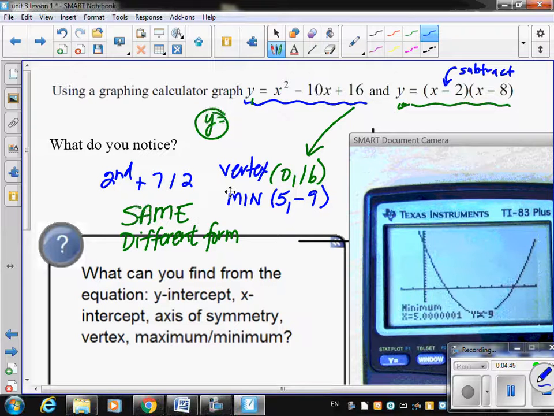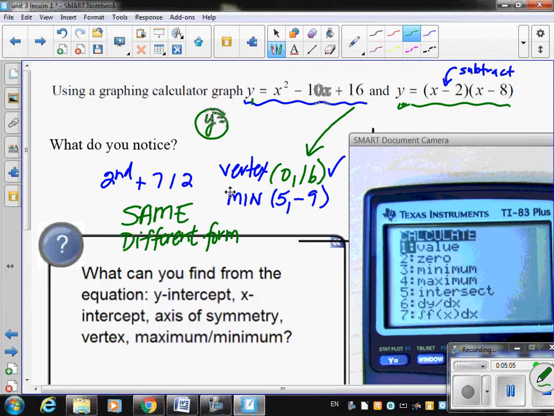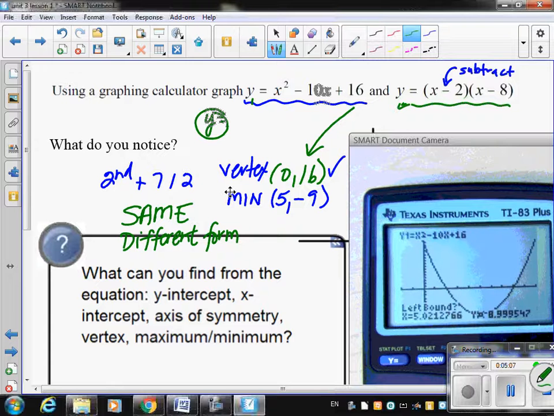So I see one number that was really helpful is that vertex, but that 5 and -9, I'm not seeing it right away from either one of those two forms. Let's look and see if we can find the x-intercepts, because that's another thing they asked us for. Okay, x-intercepts, that's my zeros on this thing. So second trace 0, zero is number 1, I'm going to do the left one first.